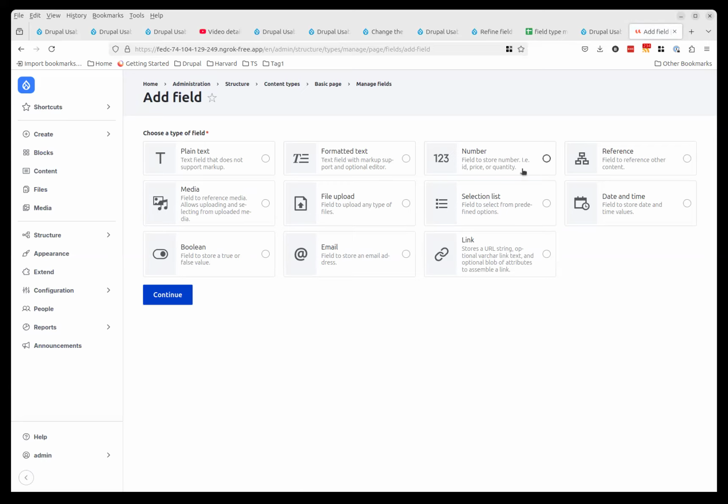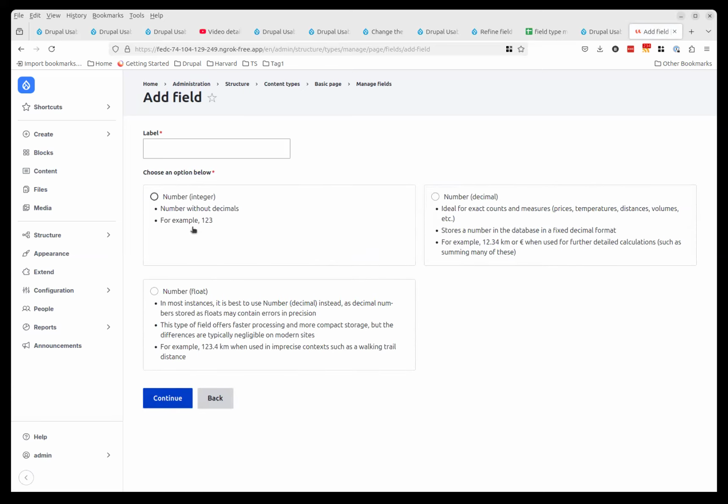If you open up a field group such as number and click continue, it is this help text describing and differentiating the different options at this stage of the field creation process. That's the text we're discussing.